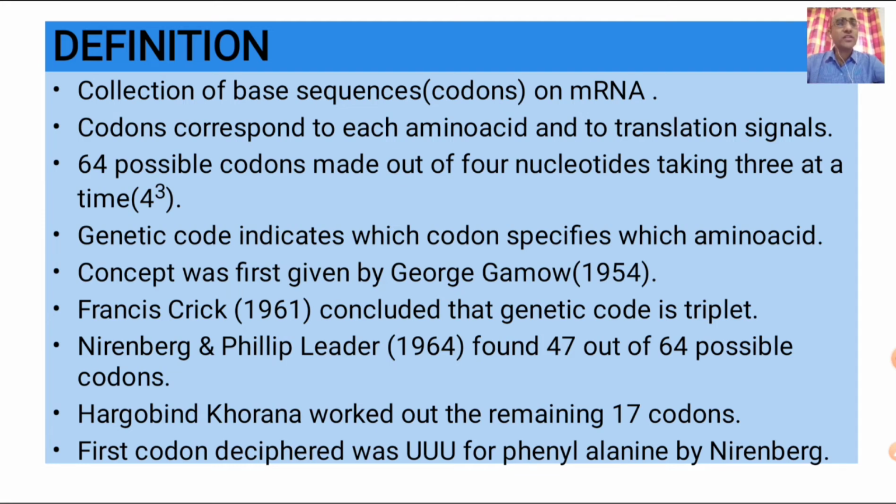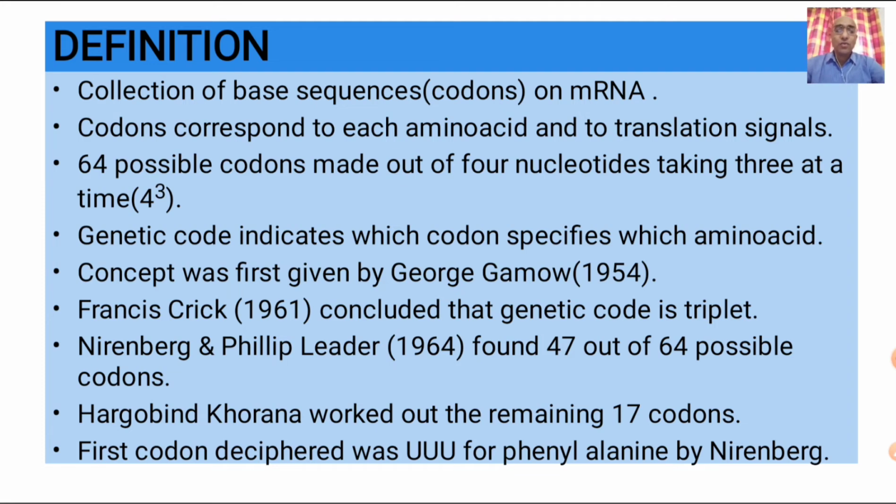A codon consists of 3 bases, so 64 possible codons can be made out of those 4 bases, on the basis of 4 to the power 3.